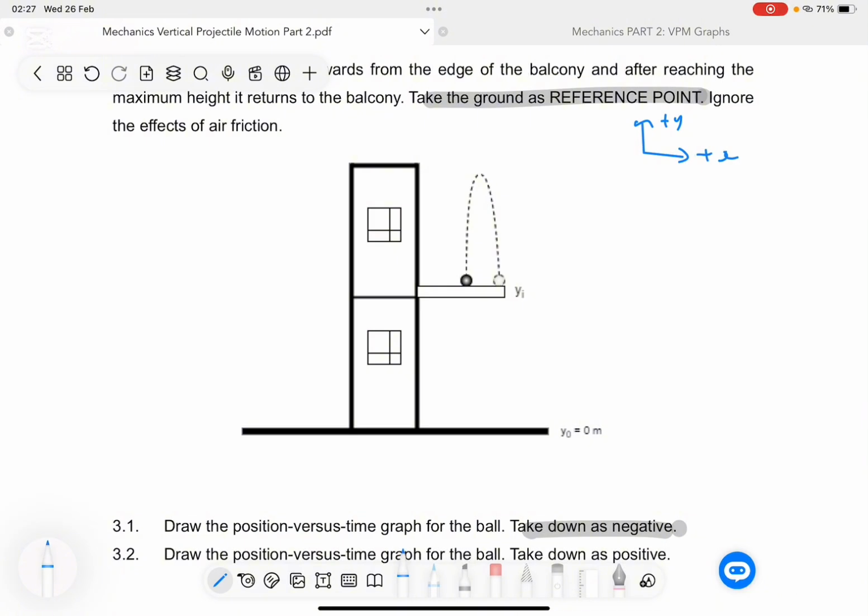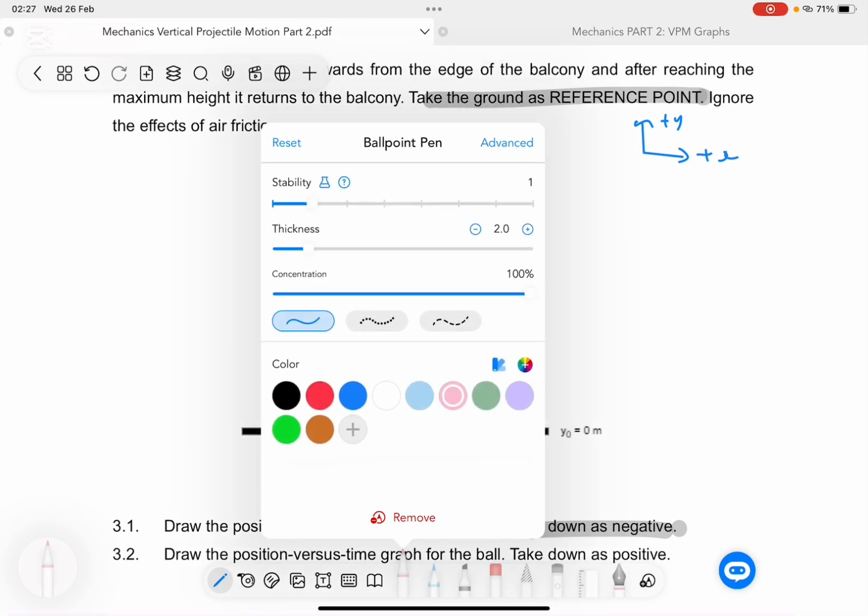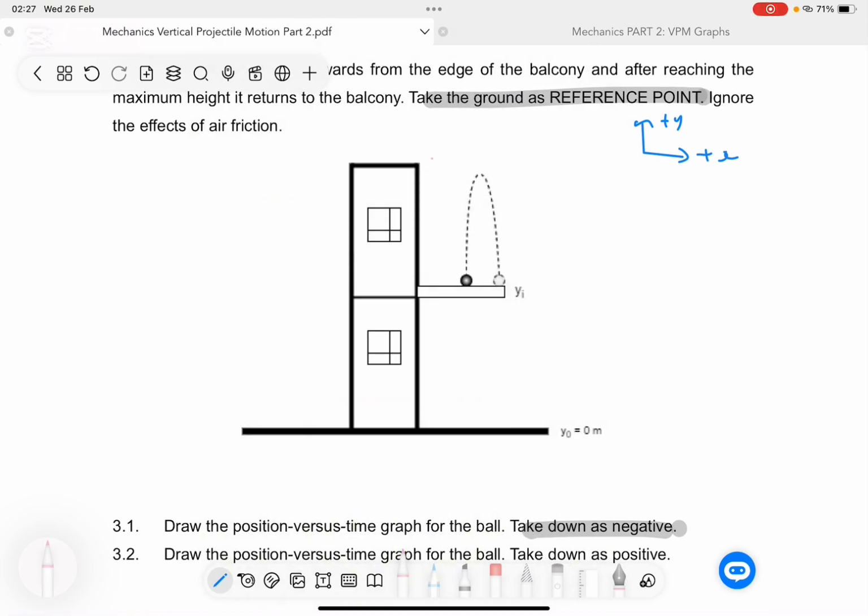So that means if I take my reference frame here and extend it so that it is now enlarged and drawn on the sketch, I'm going to have this direction to be negative because we're taking down as negative. So it means vectors that go in that direction, specifically positions that go downwards, are negative, and the positions that are going upwards will be positive.